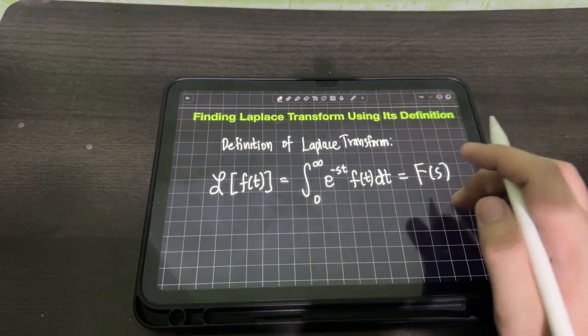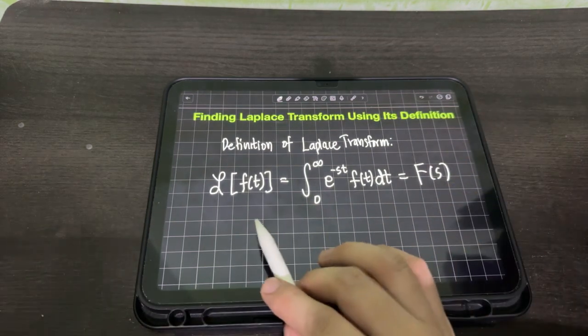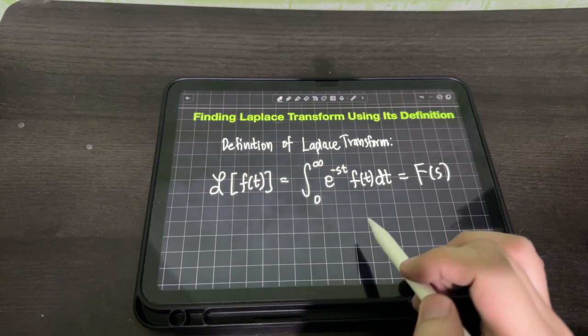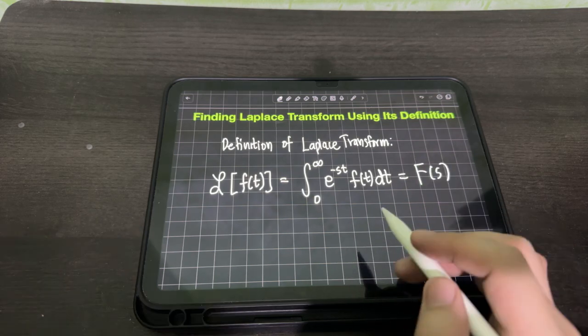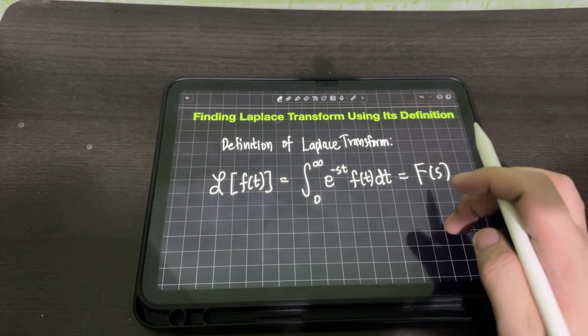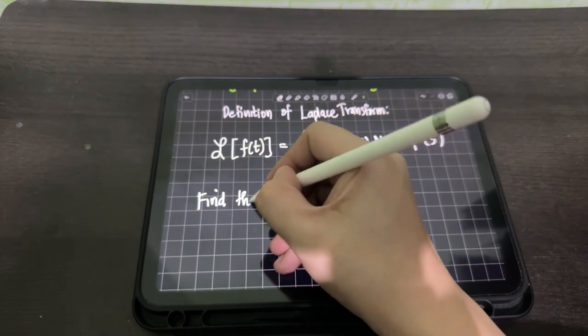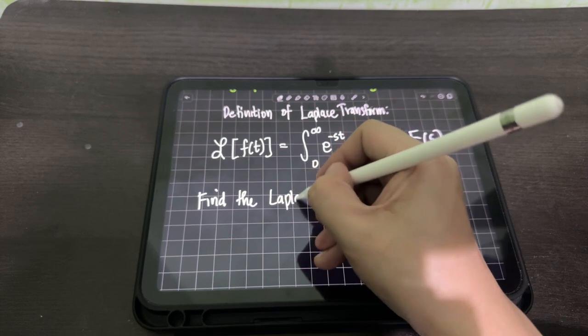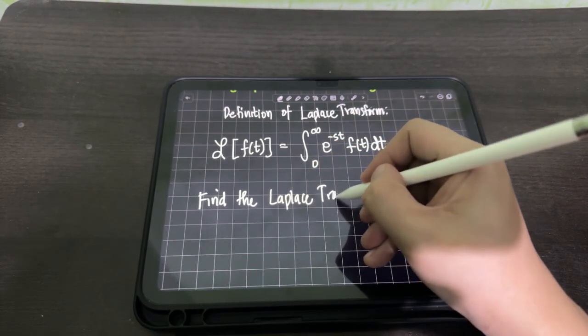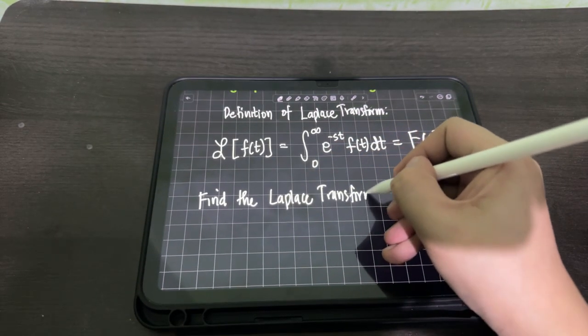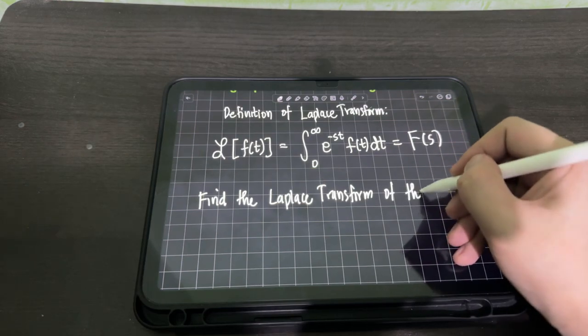To illustrate how to use this formula, let's solve some examples. So find the Laplace transform of the following.